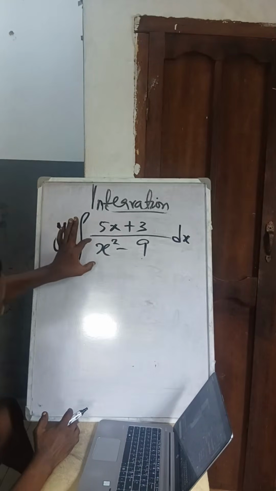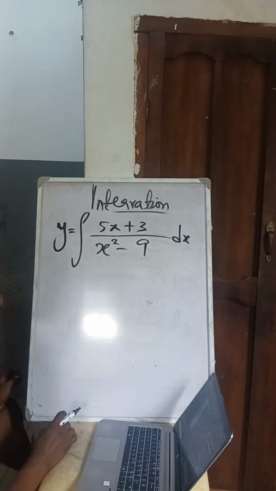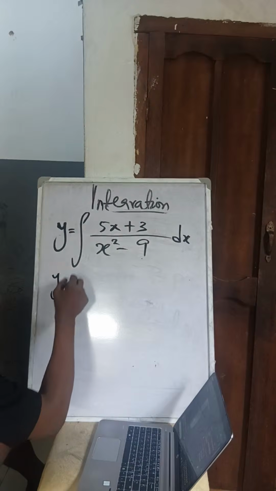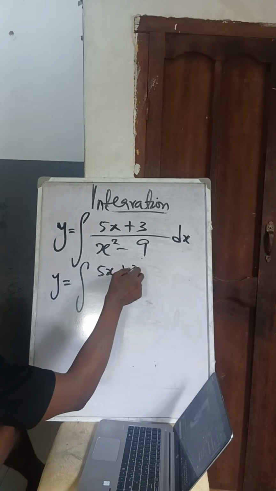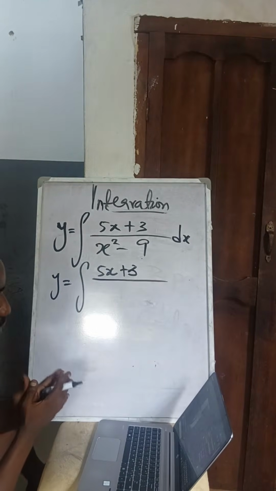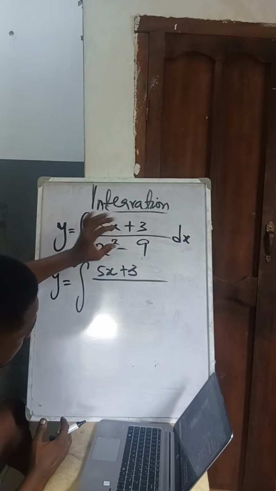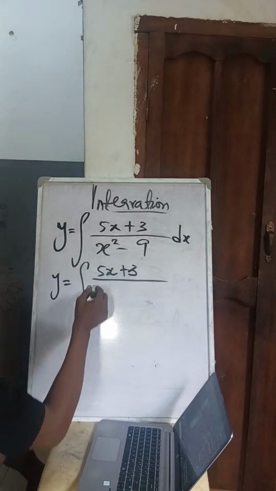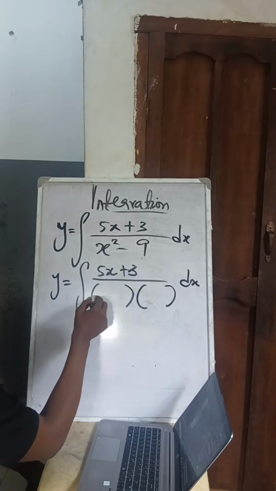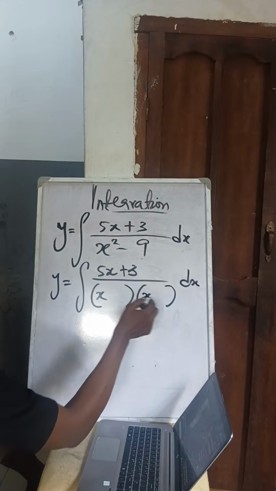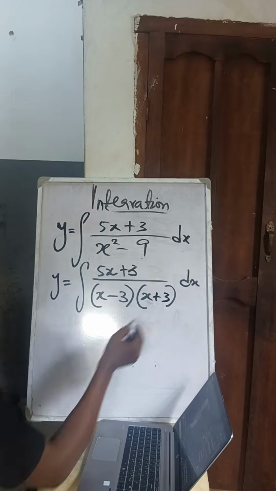The first thing you do is you factorize the denominator. So how do we factorize the denominator? We use what we call difference of two squares. When you have x squared minus 3 squared, you create this, and say x is here, x is here. So here is x minus 3, there is x plus 3.